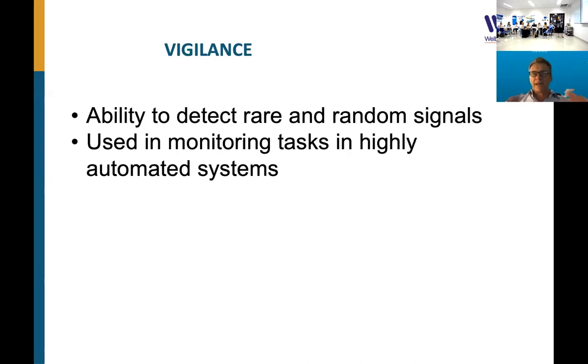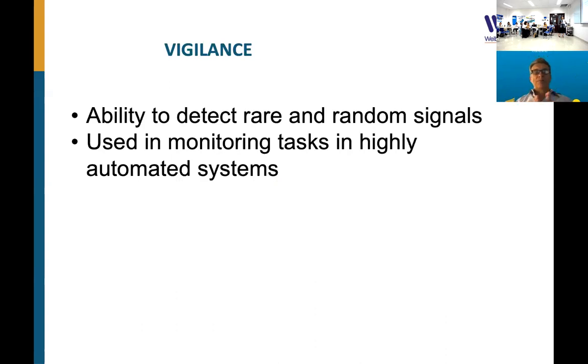In very highly automated systems, you don't have to do a lot of actions or process a lot of information, but rather you are monitoring a system. And what you are required to do is to detect everything that has to be detected.